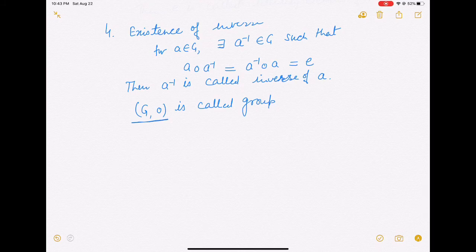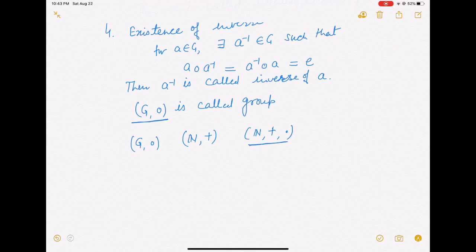So whenever we write a set with an operation, for example G here, or if we take the set of natural numbers with a plus, then this is an algebraic structure with one operation. We may write a set with two operations like plus and dot. This is also called an algebraic structure.